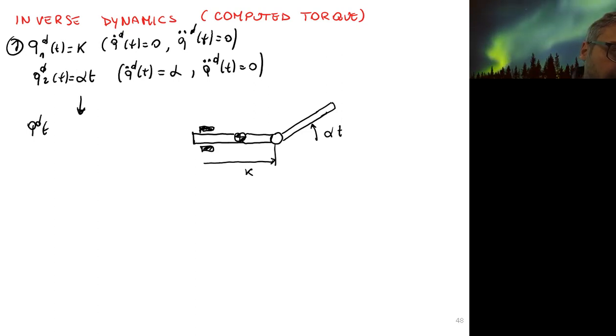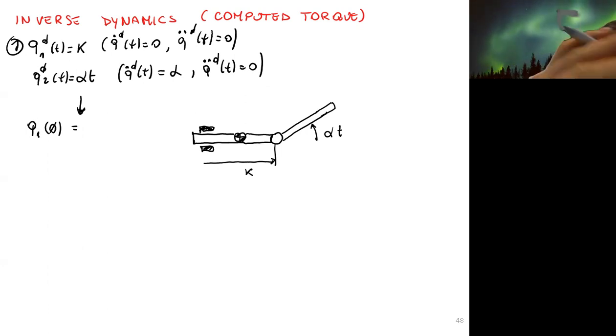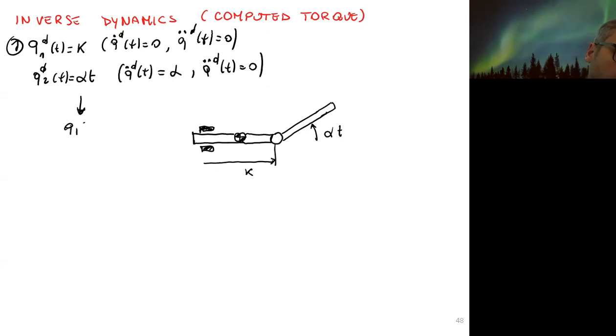But let's not forget about the initial values to initialize the integrators. At 0, Q1 should be equal to K, and Q2 should be equal to 0.